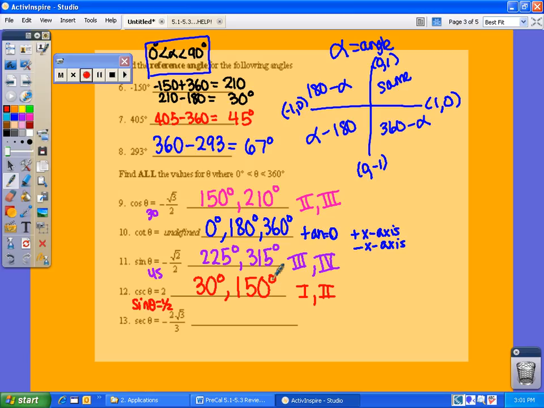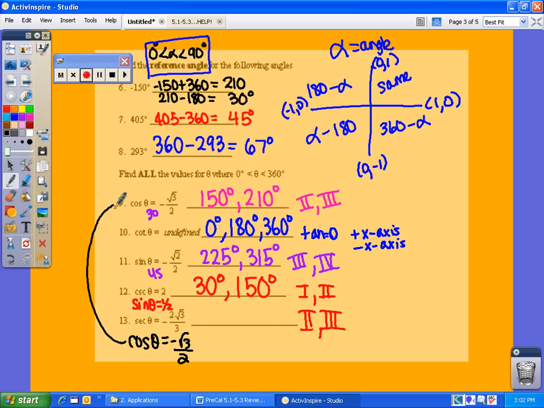Last but not least is secant. Secant is negative whenever cosine is negative. Well, cosine is negative, just like we found out in the first problem, in the second and third quadrant. 2 radical 3 over 3 is a reciprocal, really, of negative 3 over 2. Oh my!